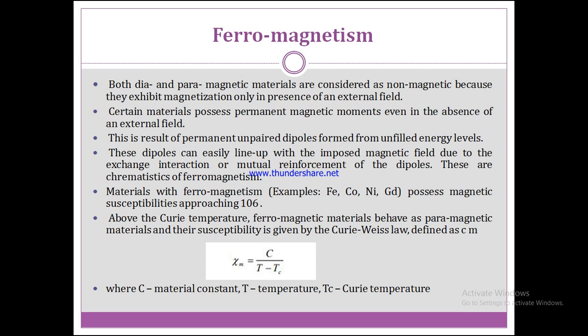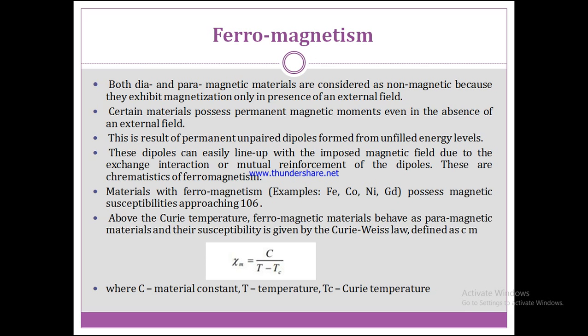Materials with ferromagnetism, for example ferrous, copper, neon, and cadmium, possess magnetic susceptibilities approaching 10 raised to minus 6.